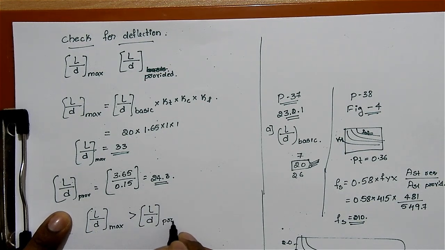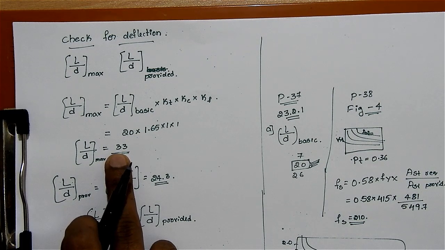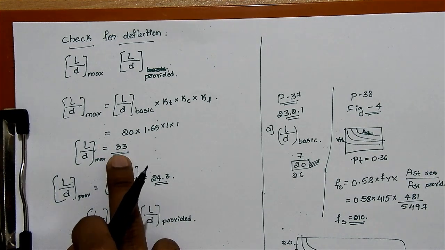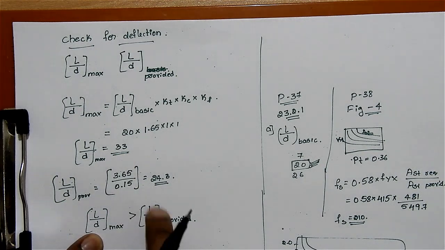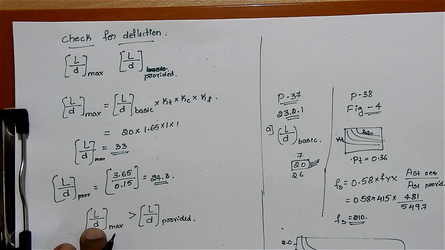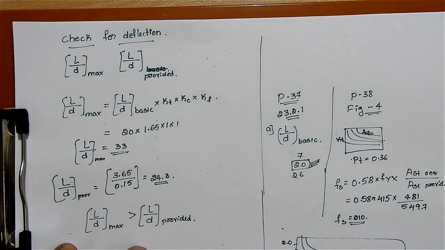Is it safe or not safe? Actually it is safe. Why? Because the maximum value should be 33, but our provided value is less than the maximum. The maximum is 33, but you have got 24.3, therefore it is safe.